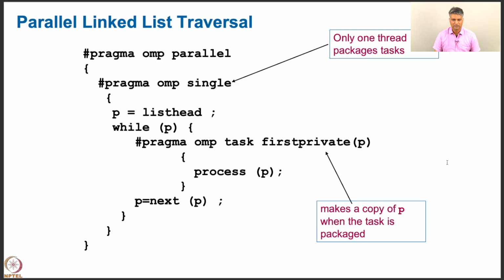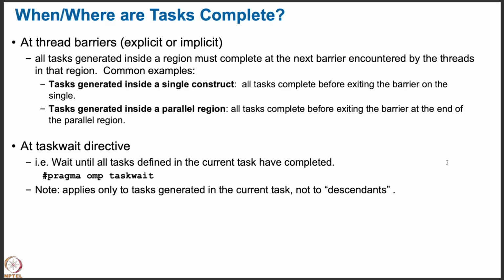Each of these tasks is then assigned to different threads using the pragma OMP task, where some sort of processing is done on P, and then we get to the next element of the linked list using P next. At what locations in the code are the tasks complete? At thread barriers, all tasks that are generated inside a region must be complete at the next barrier encountered by the threads.